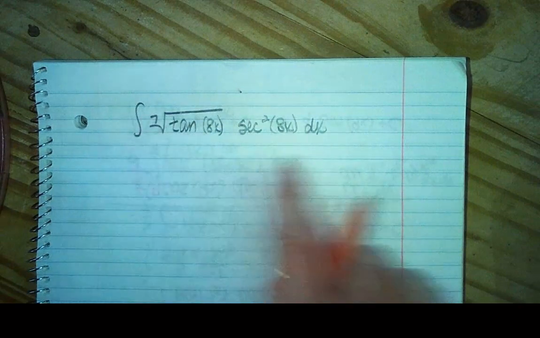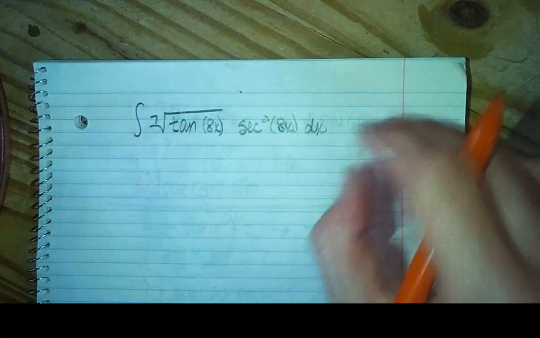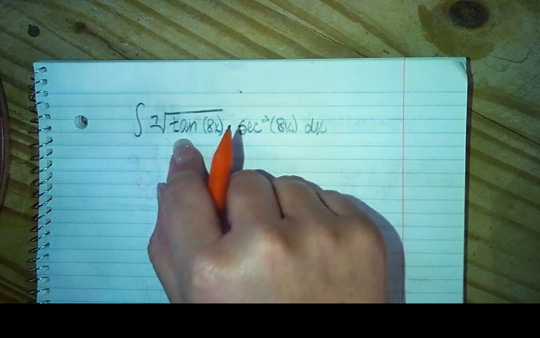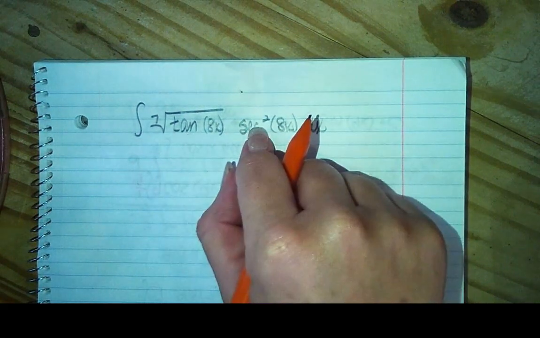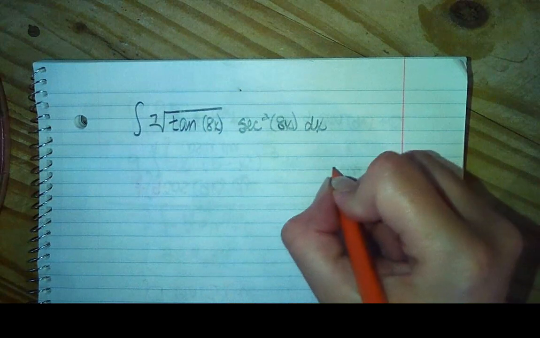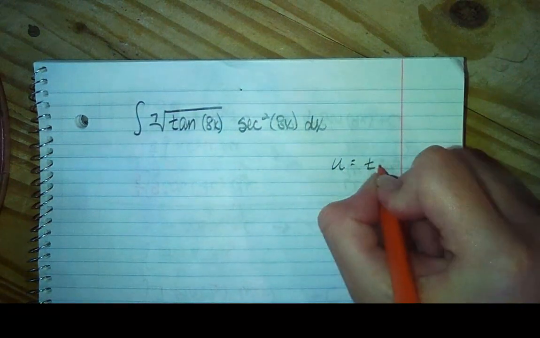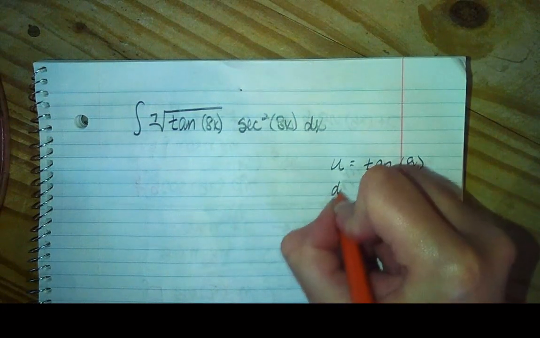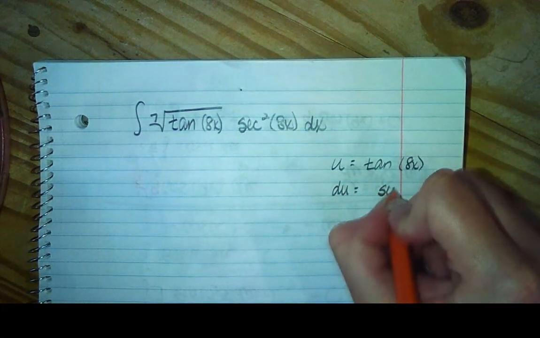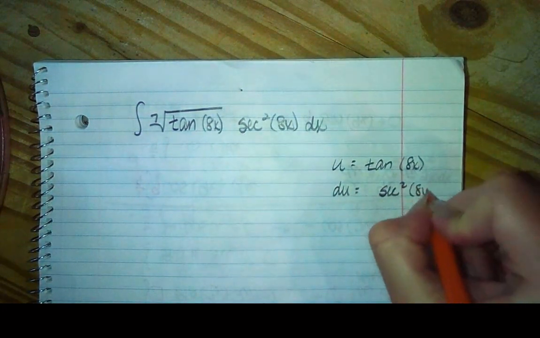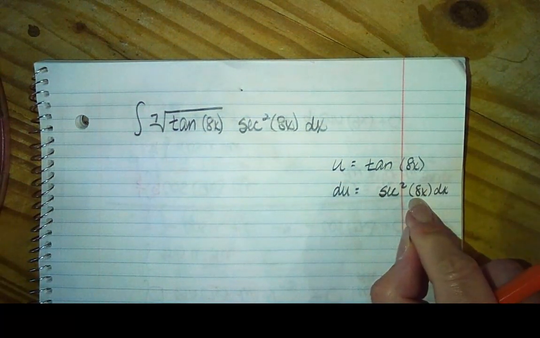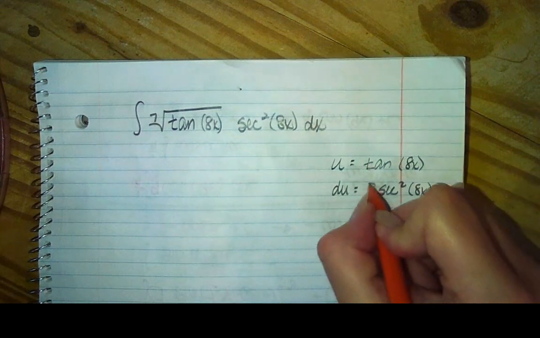Well, I have a whole lot more than just an 8 out here, so I better start concentrating on the trig functions. If you'll remember, the derivative of tangent is secant squared. So my u is going to be the tangent of 8x, and then what's your du? It's going to be secant squared 8x dx times the derivative of the inside, which is 8.